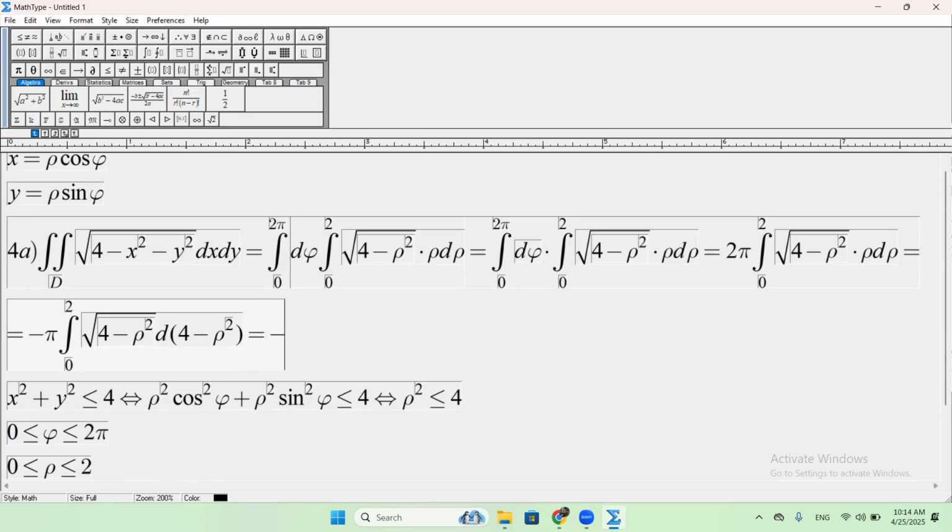So minus 2 pi over 3, 4 minus rho square. Okay, let me copy and paste it and remove what is redundant, and with the substitutions from 0 to 2.